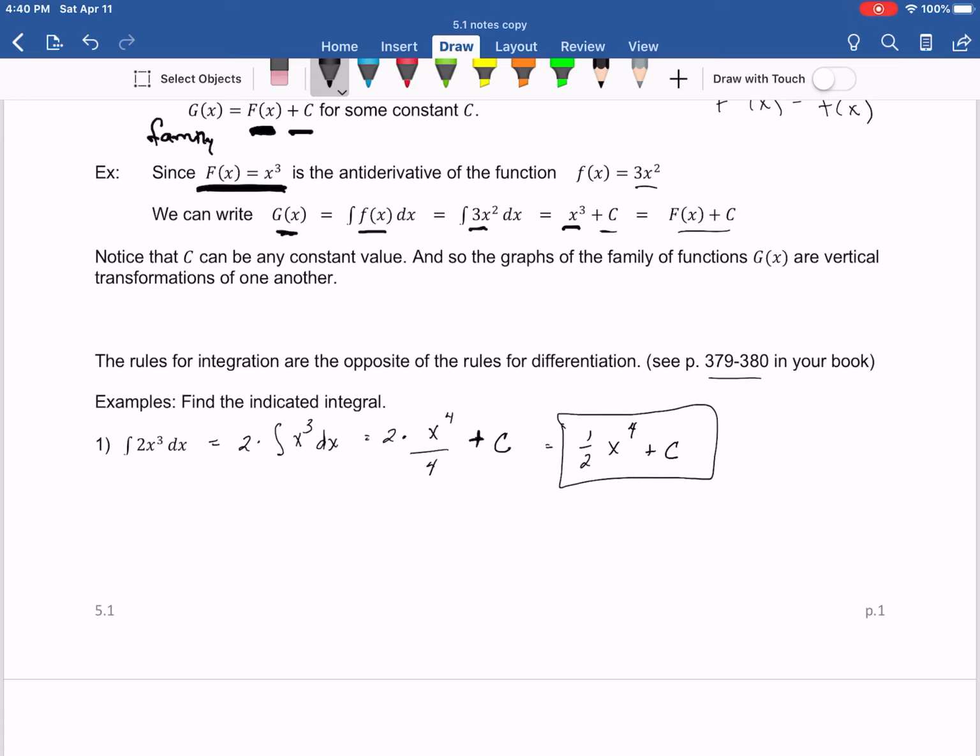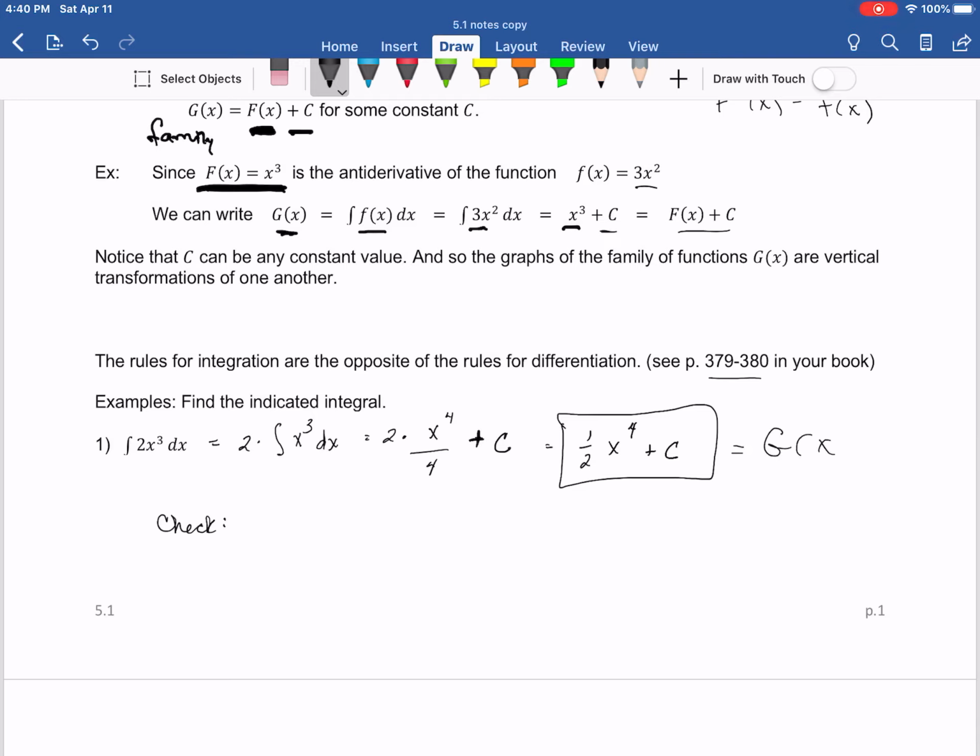Now we can check our answer. I'll do this maybe once or twice, but I'm not going to check all of my answers. But here's how you could, until you're confident that you've got this. You could take the derivative of your answer. Let's call this g.